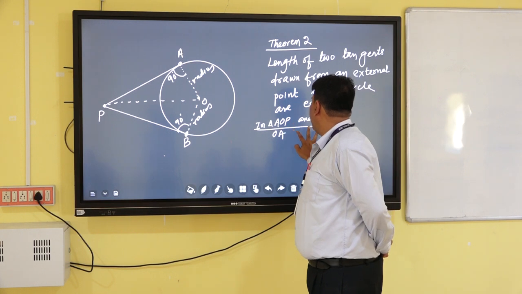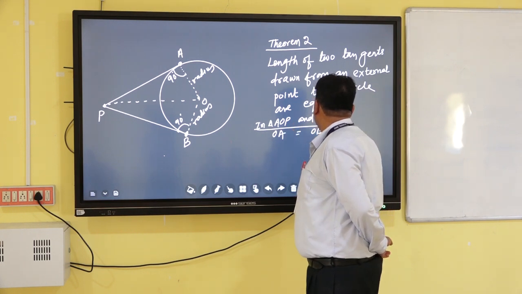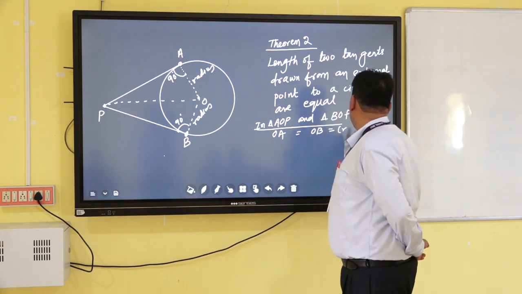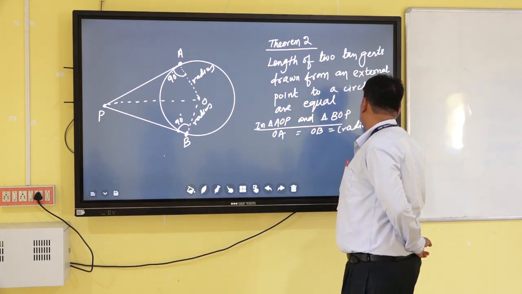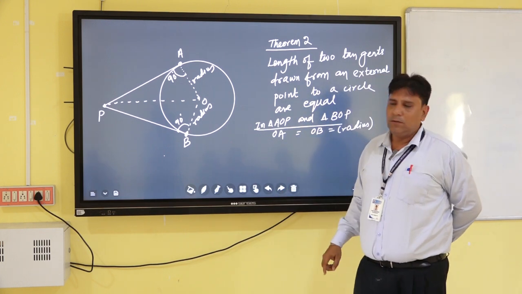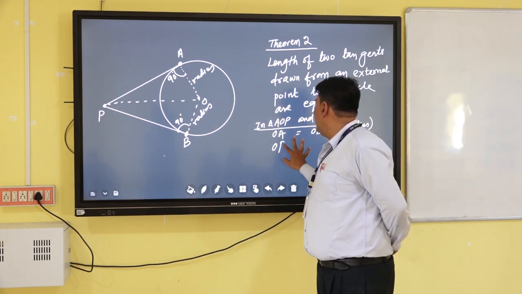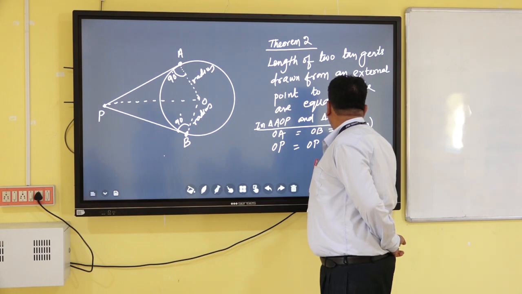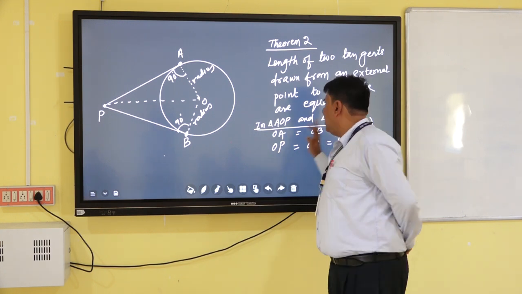Because they are radii. Next, OP is the common side. OP is equal to OP because it is the common side.